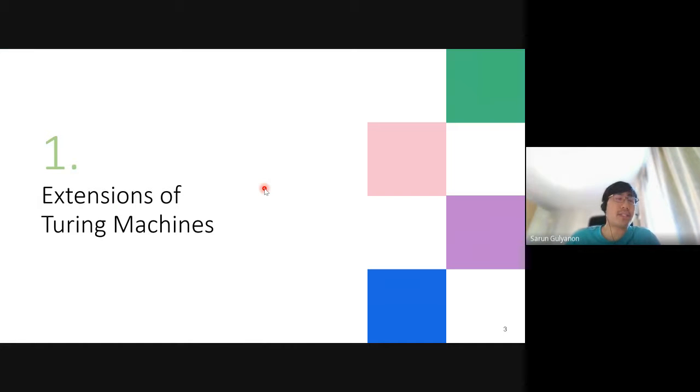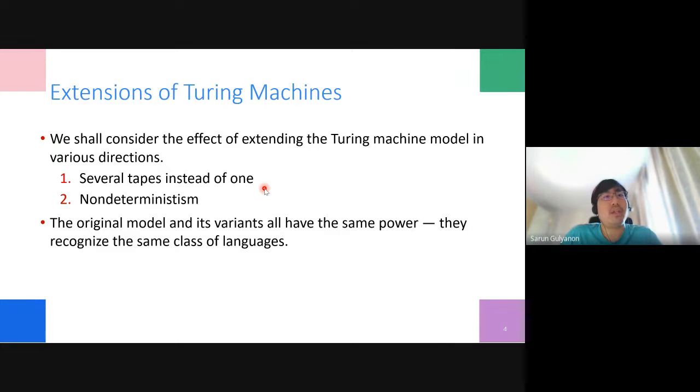First, extensions of Turing machines. For the Turing machines, we will consider the effect of extending the Turing machine model in mainly two directions. First, we will introduce multiple tapes instead of one. And the second is to introduce non-determinism.